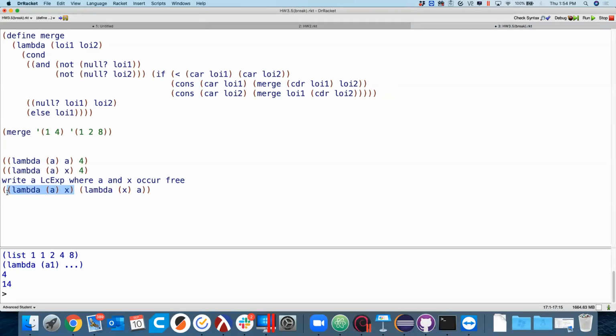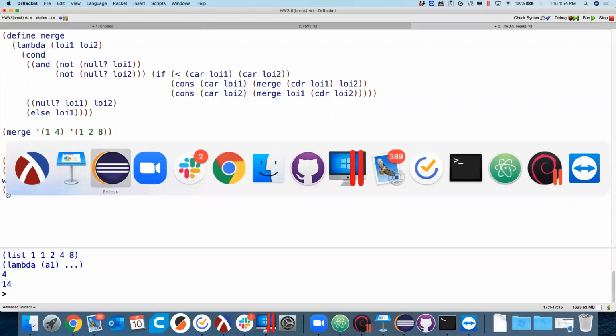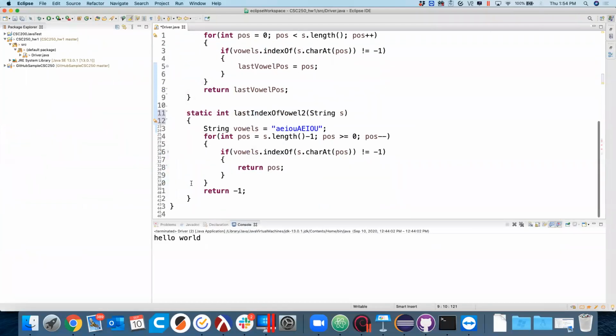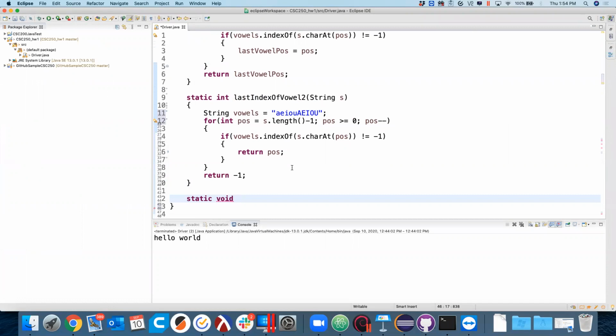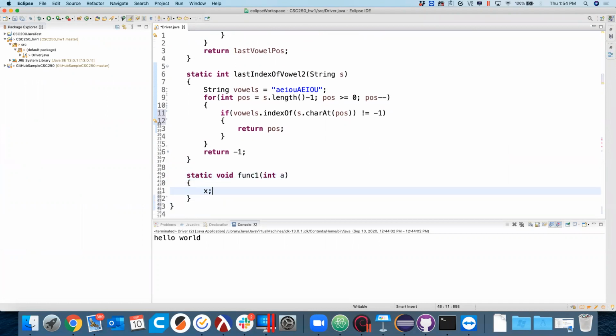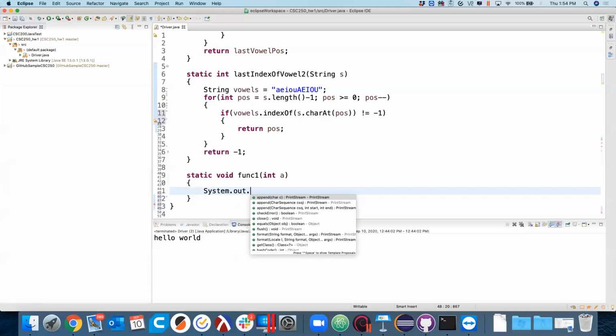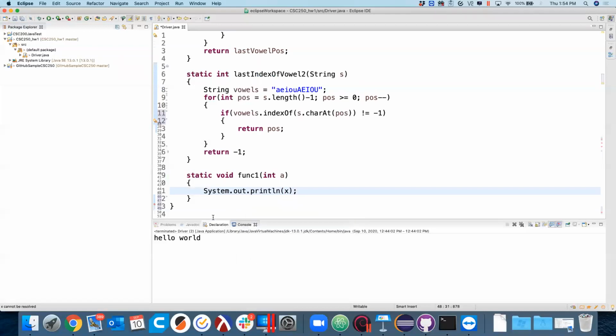We're going to write the Java version of this that we're more comfortable with, right? We might come in here and create a couple of functions. So we'll say static void func1 takes in an int A, and we'll just put an X there, even though it's going to be an error, where we'll do a System.out.println(X).